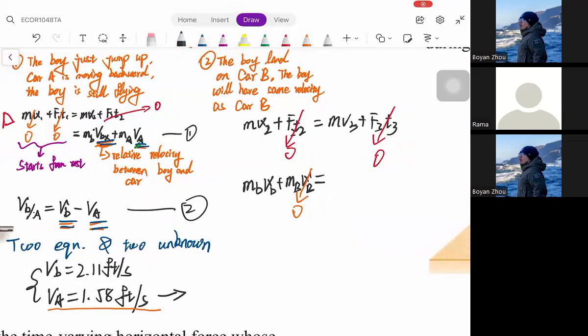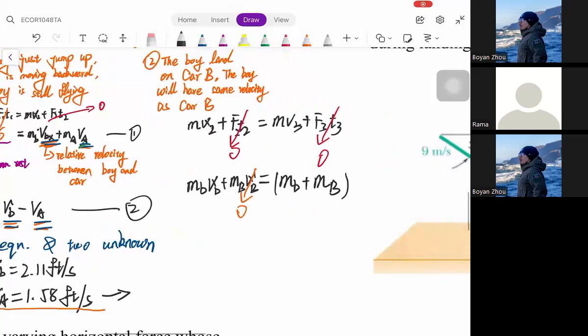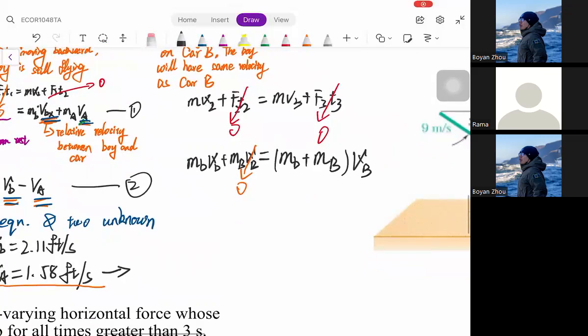And when the boy actually lands on the car, the mass will be the total mass of the boy and the car. So it's going to be the mass of the boy plus the mass of the car, and they're going to have the same velocity, so times VB. So I'll just erase this one.